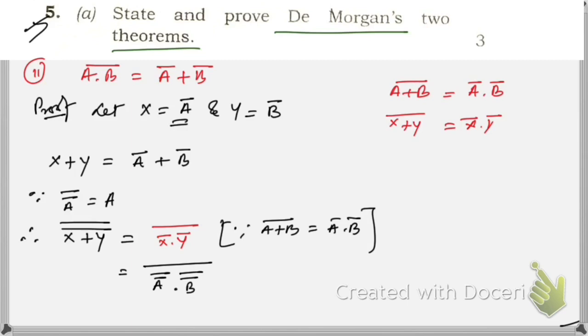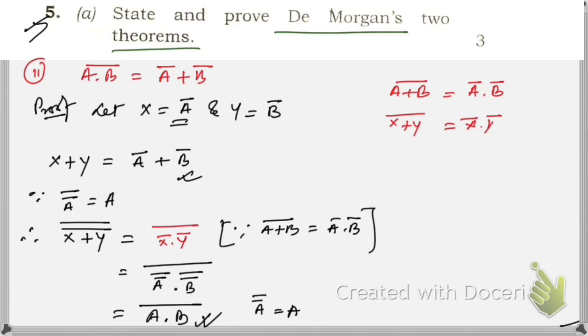As we know that complement of a complement is a, therefore complement of a complement is a, similarly complement of b complement will also be b. So that's why we can write complement of (a dot b) is equal to a complement plus b complement.